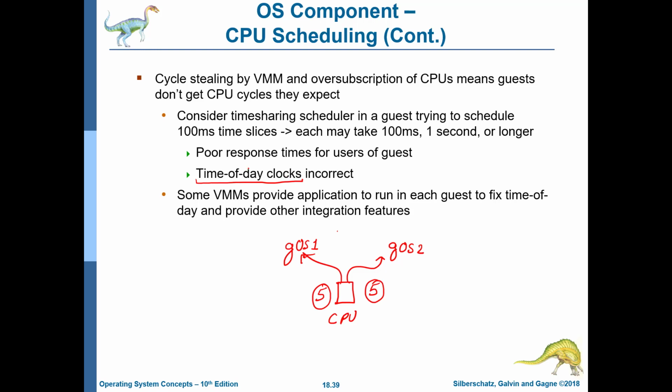And also virtual machine monitors, virtual machine managers, VMMs, have to be written in a certain way that at least the timer interrupt is delivered to each of the virtual machines. Otherwise, they will lose track of time and the time of day clocks will become incorrect, which is a serious problem. So this is not something that we can overlook. So at least the timing of both the OSs has to be correct. So that is why the timer interrupts have to be delivered to each, such that they can update.